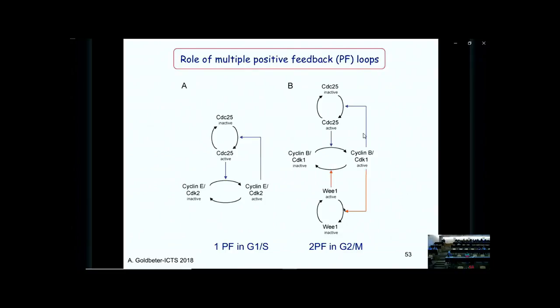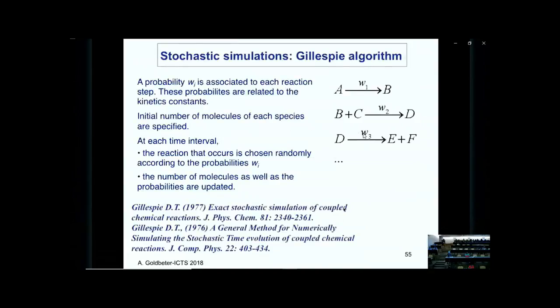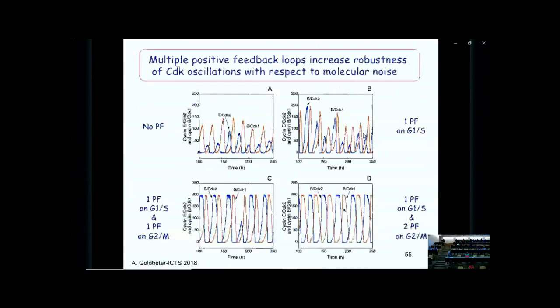So we carried out the stochastic simulations by decomposing the scheme into elementary reactions and associating probabilities to each reaction. This is based on the work of Gillespie, which is used as a standard method to study the effect of fluctuations. And these are the results.